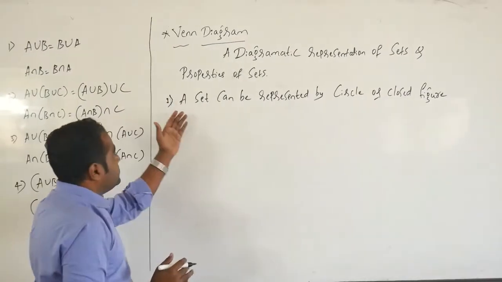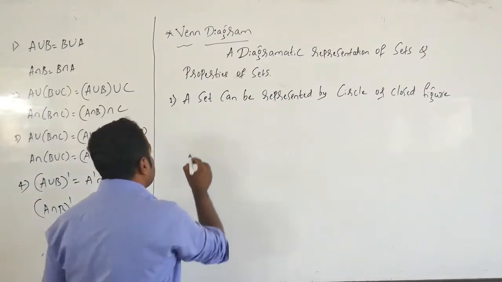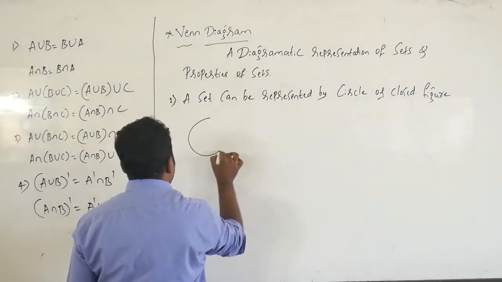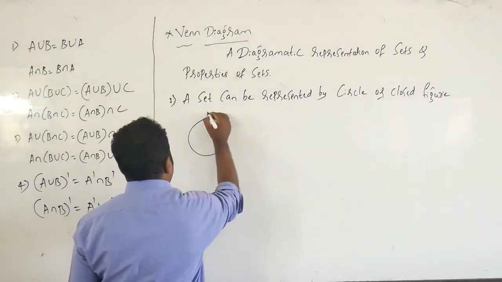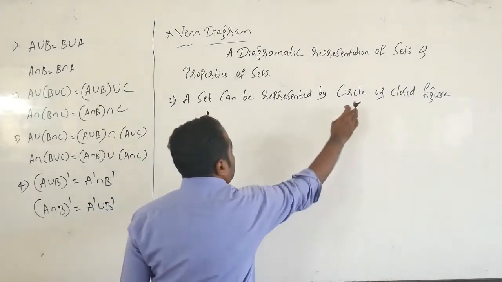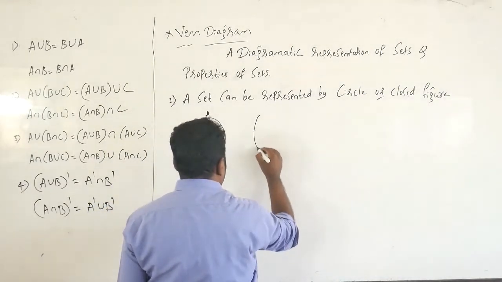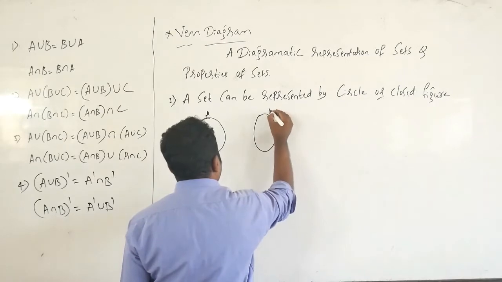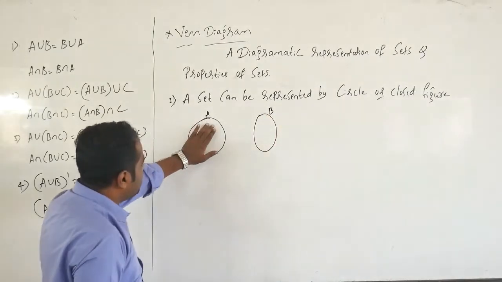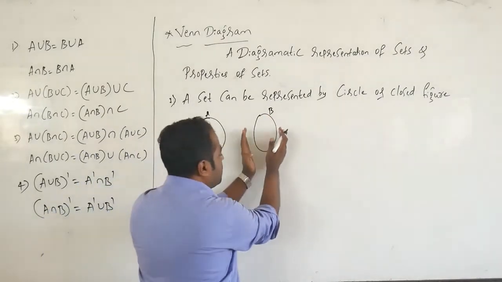That is set A. Or a closed figure, nothing but like that. A set can be represented by one circle or closed figure.